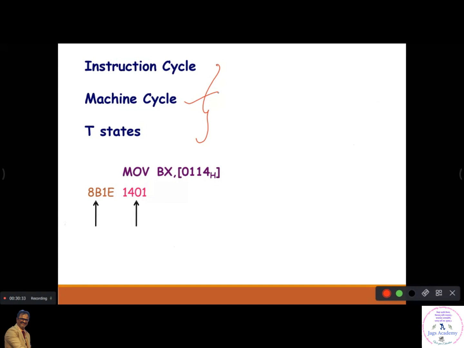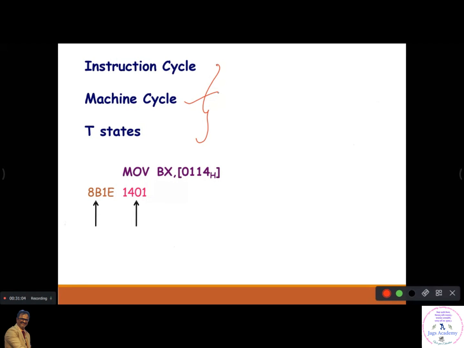The time taken to fetch an instruction, or to read data from the memory, or to write data into the memory, is called a machine cycle. Your instruction cycle can have multiple machine cycles.